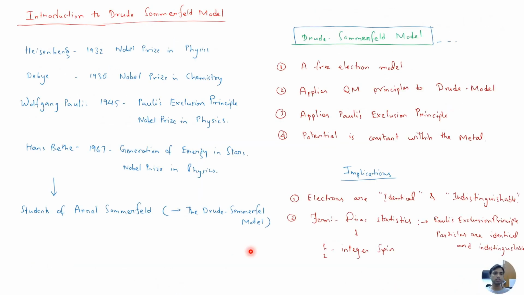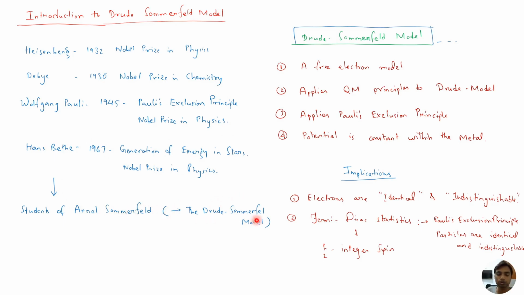Now let us try to understand how quantum mechanical principles were incorporated into the Drude model. It was done by Sommerfeld, who is quite famous particularly because four of his students, Heisenberg, Debye, Wolfgang Pauli, and Hans Bethe, were all Nobel laureates in different areas like physics, chemistry, and astrophysics.